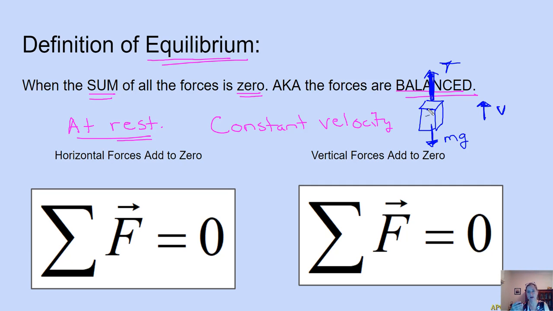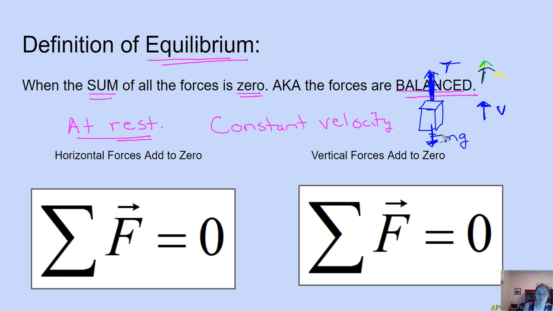And because it's going up, people think, oh, the tension must be winning, but if the tension were bigger than the weight, what would this object be doing? It would be gaining speed faster and faster and faster, and it would be accelerating, not going at a constant speed.